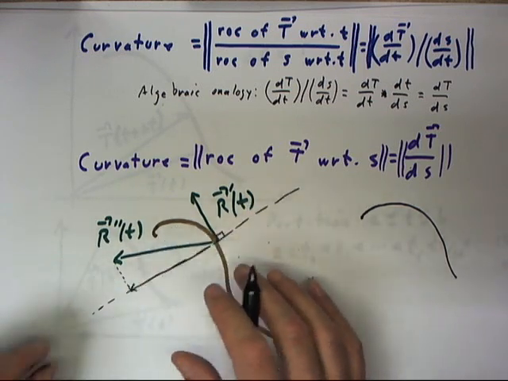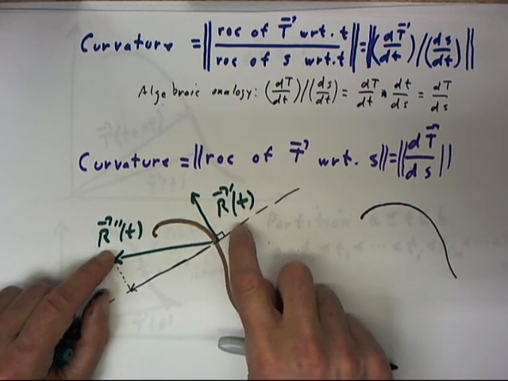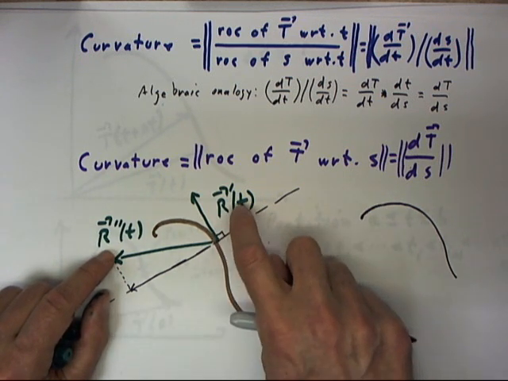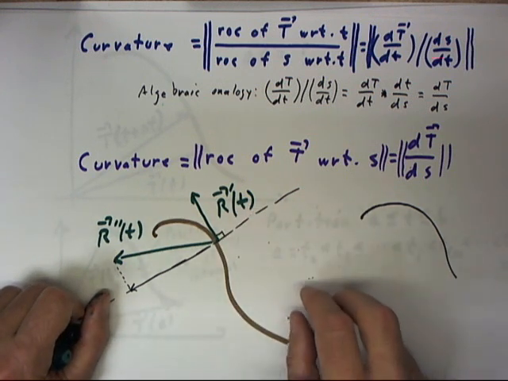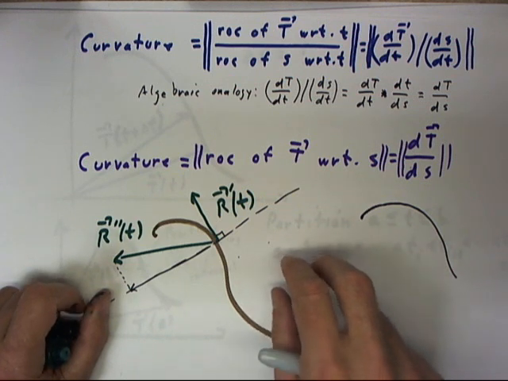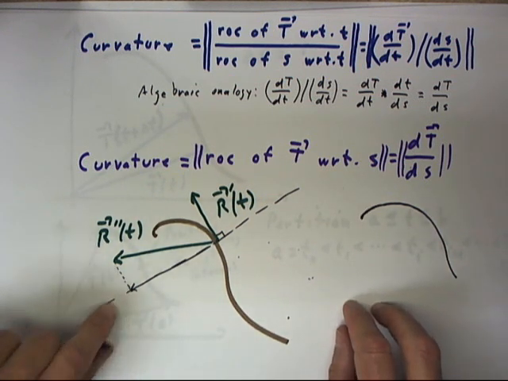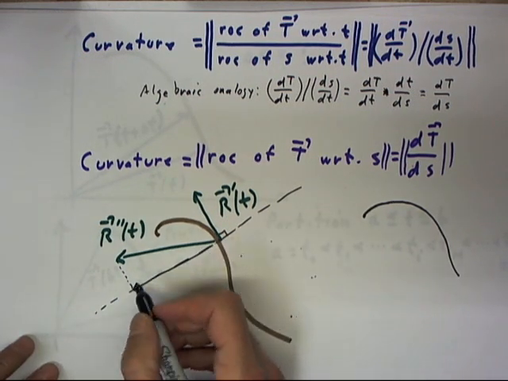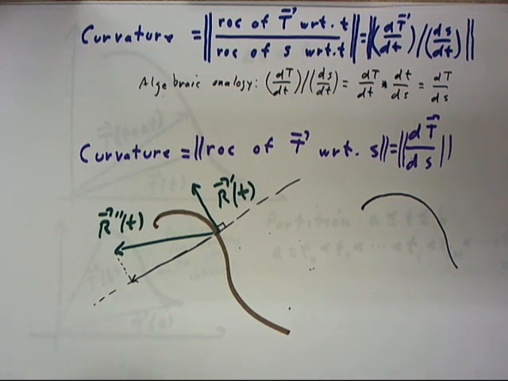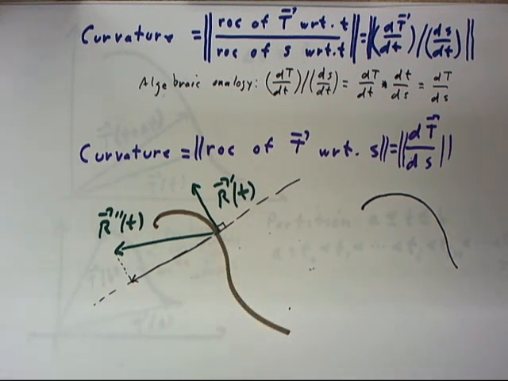It might be more convenient just to calculate r prime and r double prime than to calculate r prime, divide by the magnitude of r prime to get the unit tangent vector, then take the derivative of that and divide it by its magnitude to get the unit normal vector. So if we can get this vector, we can again divide it by its magnitude and so forth.